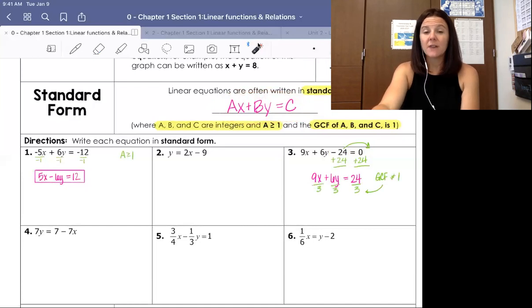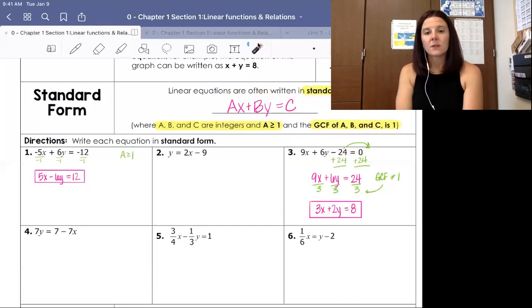So we have to divide all of them by 3 to get a greatest common factor of 1. 9x divided by 3 is 3x, 6y divided by 3 is 2y, 24 divided by 3 is 8. So we get 3x plus 2y equals 8. And now it's in standard form.